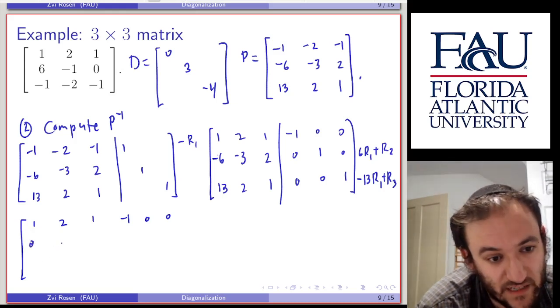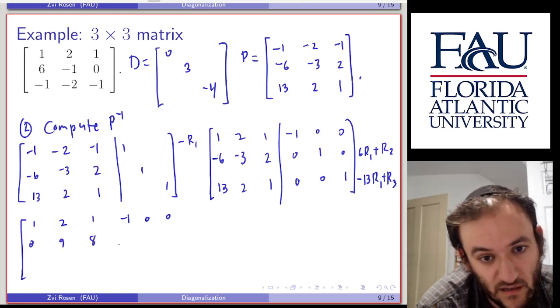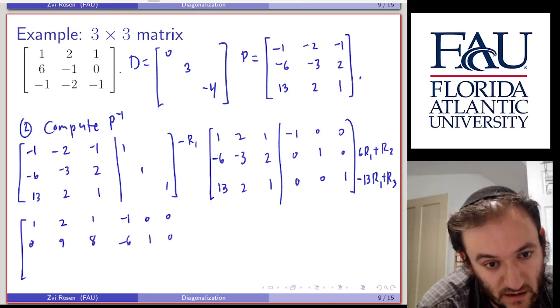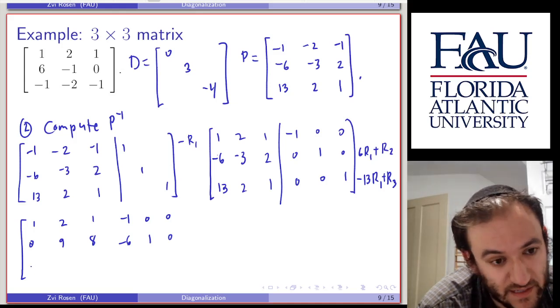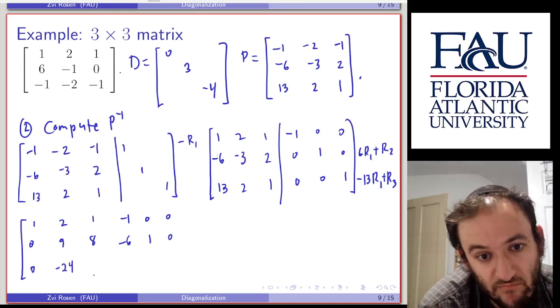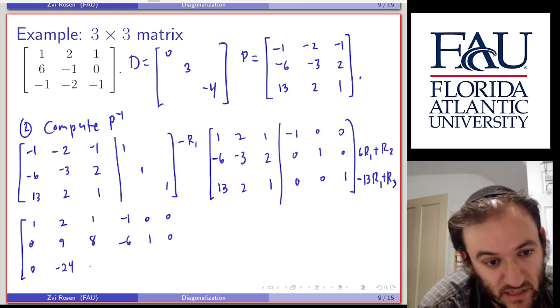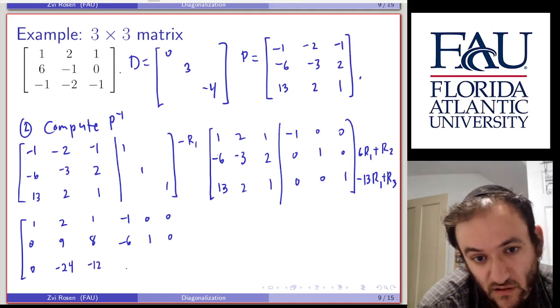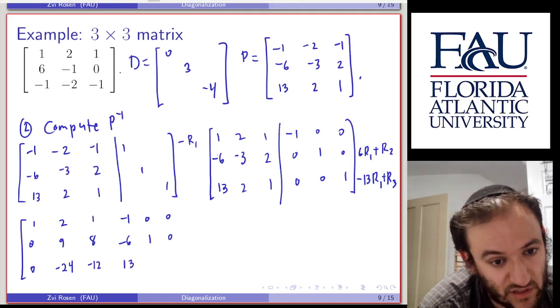And 12 minus 3 is 9. 6 plus 2 is 8. Minus 6 goes here. 1 is here, and this remains 0. And then we have 0 over here. 2 times minus 13 is minus 26, plus 2 is minus 24. Then we have minus 13 plus 1 is minus 12. And positive 13 goes here, and we have 0, 1.